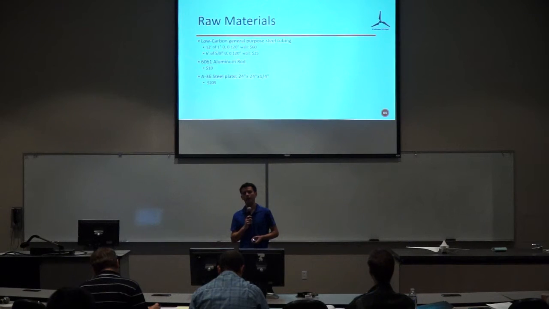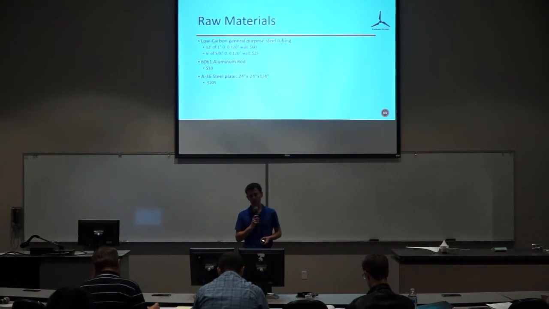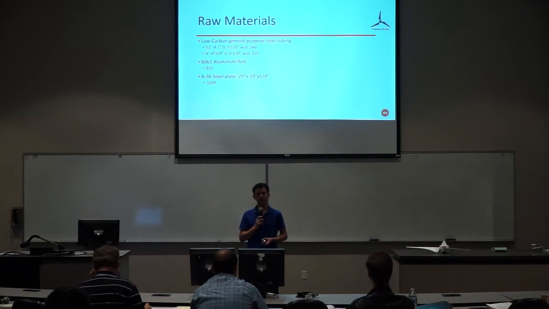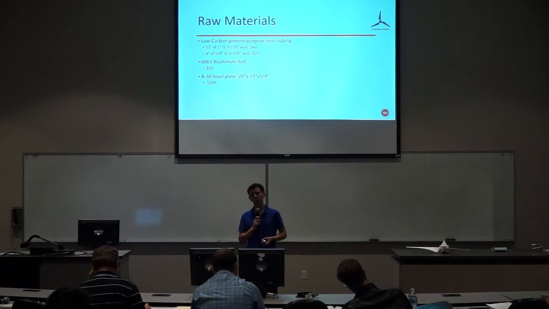The raw materials that we need for the structure, we need low carbon steel tubing. We need 2 types of that. The 12-foot 1-inch tubing will cost us $60, and 6 feet of the 5/8-inch tubing will cost us approximately $25 from McMaster-Carr.